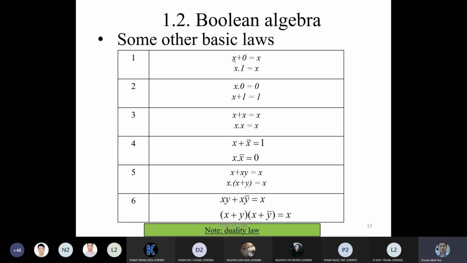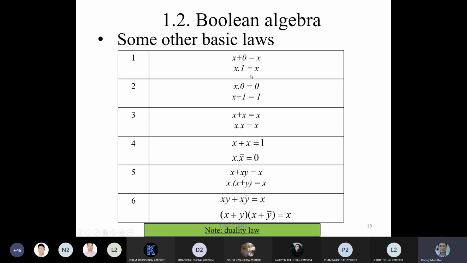So for example, we have this one here, x plus 0 equal x. So we can make the duality of this expression by changing disjunctions or plus by conjunctions or multiply, and 0 by 1.